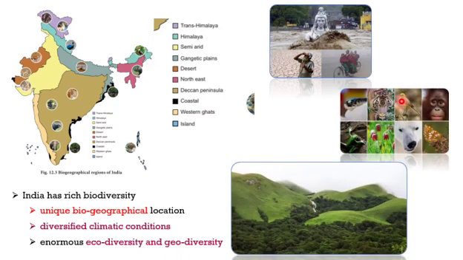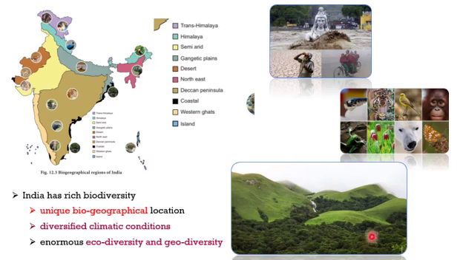As I told you in my previous tutorial, our country has more than 92,000 species of animals, and we have around 6 to 8 percent of the world's biodiversity, right? So we have a very unique biogeographical location, diversified climatic conditions, ecodiversity and geological diversity.